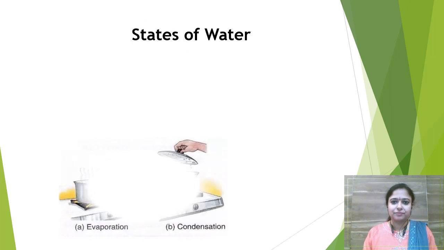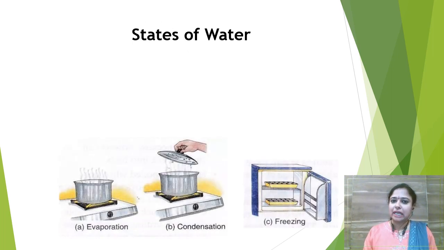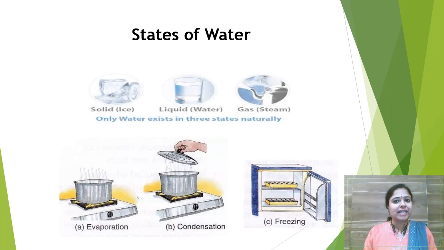States of water. We all know that water occurs in 3 states: solid state, that is ice; liquid state, that is water; and gaseous state, that is water vapor. What happens when you take water in a container and heat it?